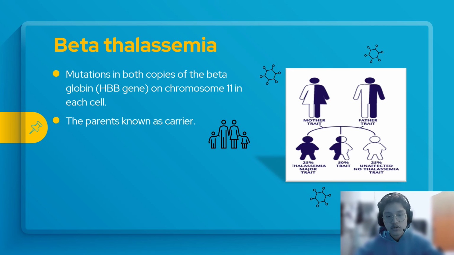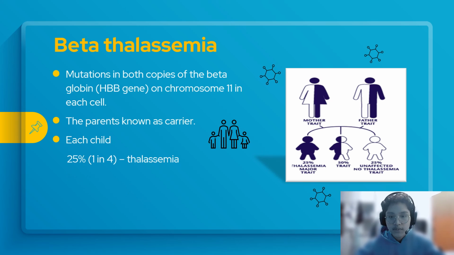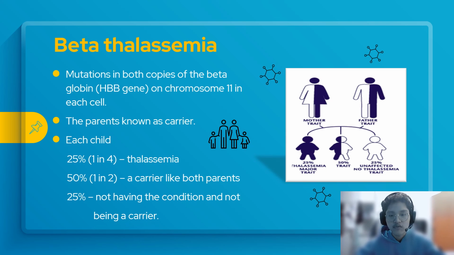When 2 autosomal recessive disorder carriers have offspring, each child has a 25%, that is 1 in 4, chance of having thalassemia, a 50%, 1 in 2, chance of being a carrier like both parents, and a 25% chance of not having the condition and not being a carrier.